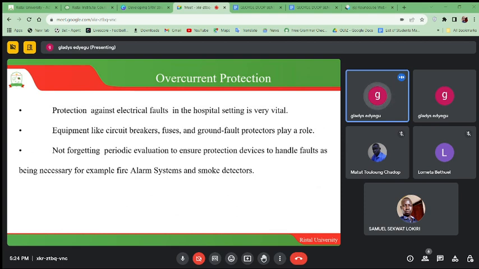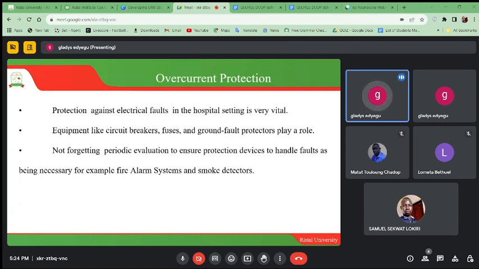We also don't forget the periodic evaluation to ensure protection devices handle faults as necessary. For example, we need the fire alarm systems and the smoke detectors. We have to evaluate every time. We need to know whether our machines are functioning well. We need to check on the connections.